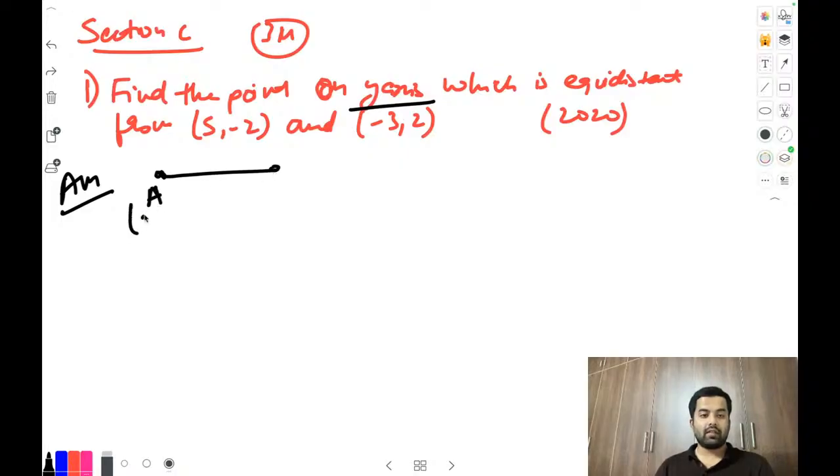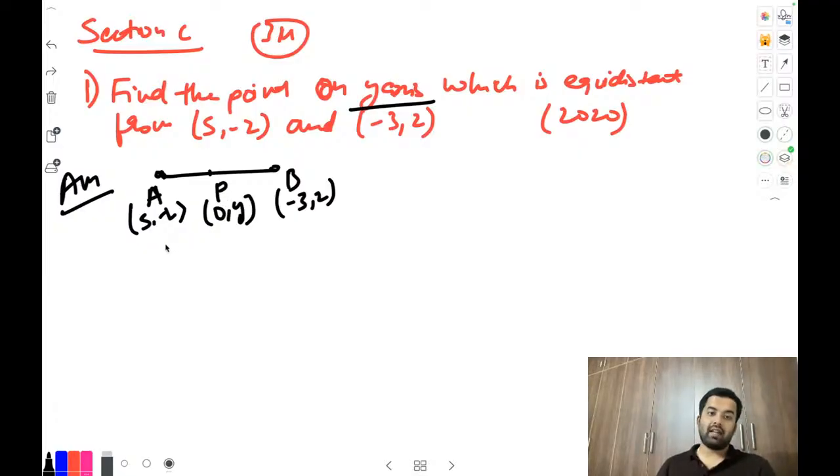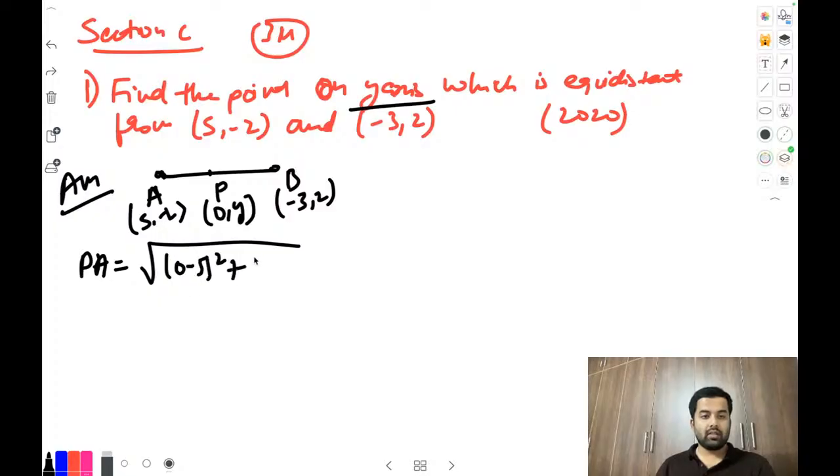A value I will take as 5 comma minus 2. B value I will take as minus 3 comma 2, and I will take point P on the y-axis, so this will become 0 comma y. Remember this, 0 comma y will come. Don't write y comma 0. Now find out the PA distance. So PA distance will be 0 minus 5 whole square, plus y plus 2 whole square.